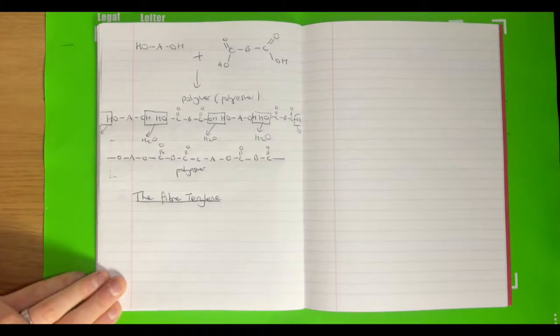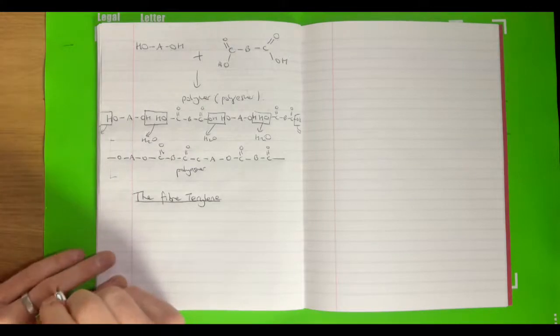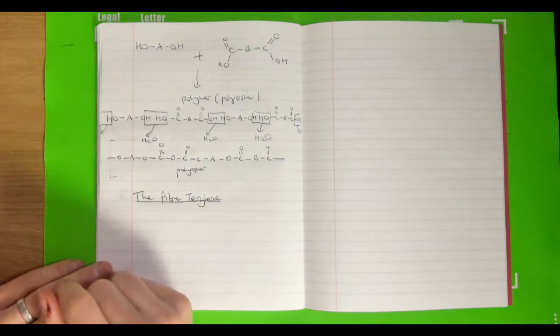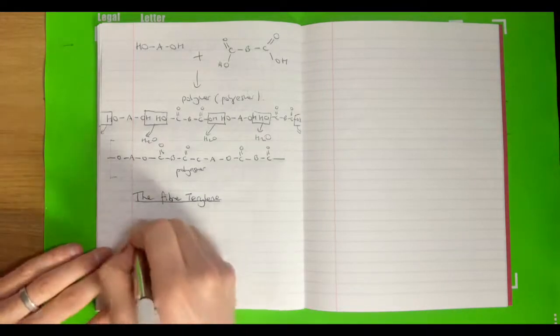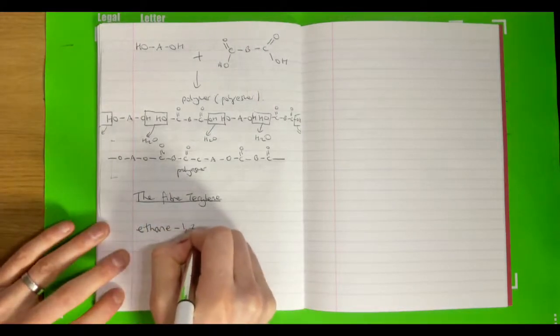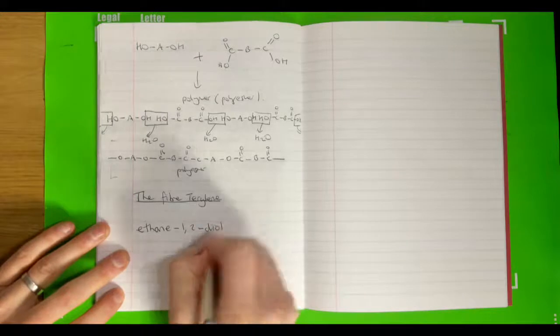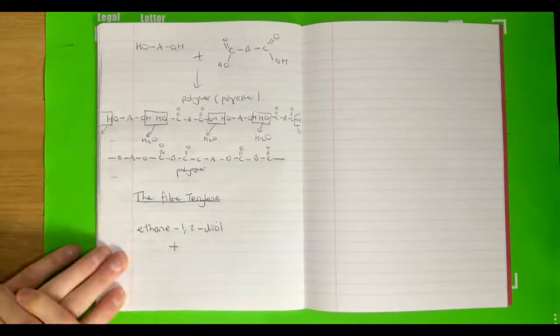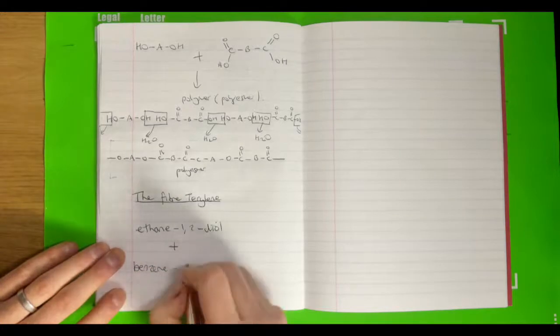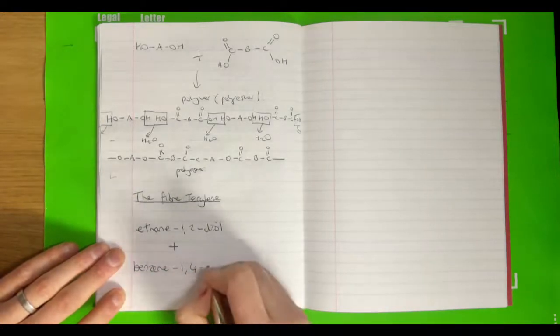So terylene is basically made from a dicarboxylic acid and a diol. So let's have a look at our structure of a diol first of all. The diol is called ethane-1,2-diol. And the dicarboxylic acid is benzene-1,4-dicarboxylic acid.